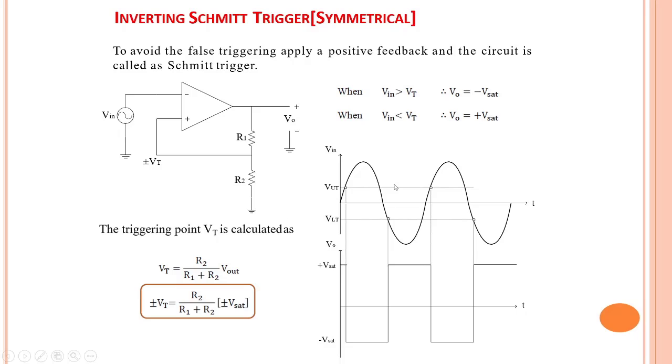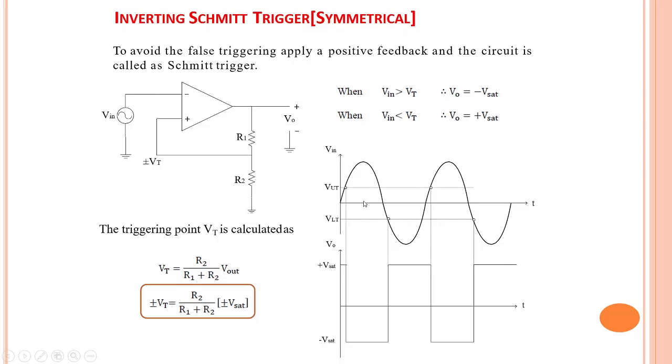The operation of the circuit can be well understood from these two waveforms, where we applied Vin as a sine wave, and whenever Vin crosses VUT, the output changes from plus Vsat to minus Vsat. Whenever Vin falls below VLT, the output changes from minus Vsat to plus Vsat, and this operation will continue.